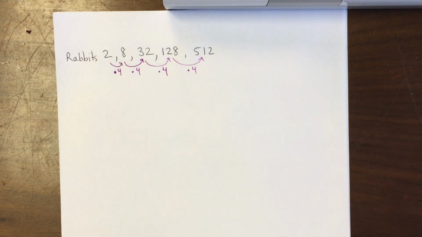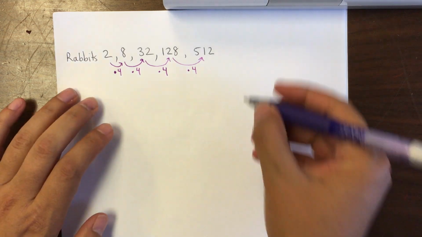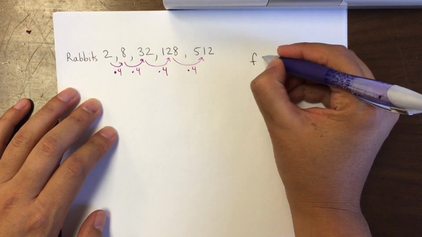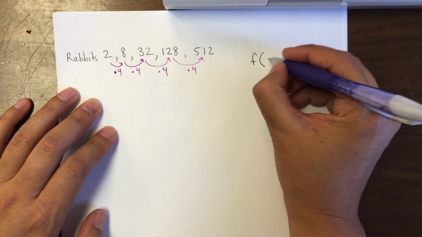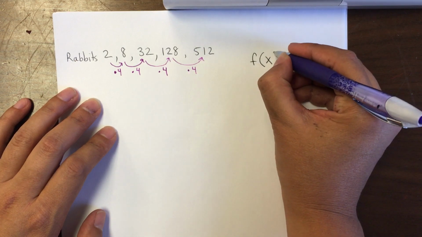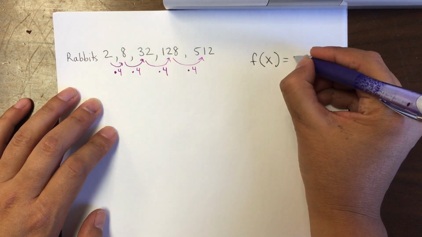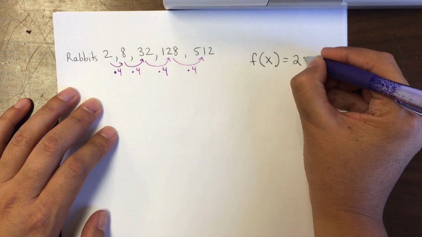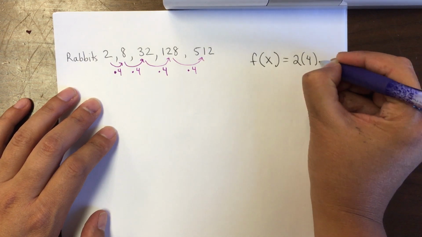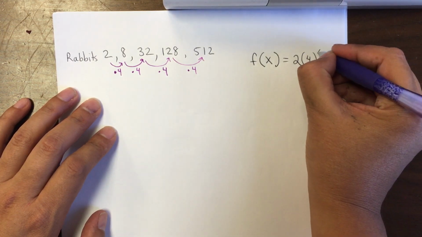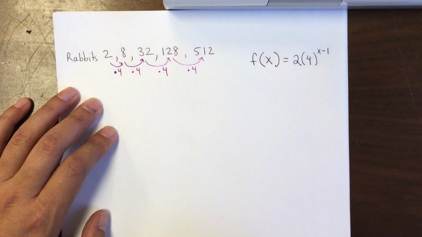Later on, we're going to be finding a function, now that we're working with functions, and the function for this sequence will be f of x is equal to 2 times 4 to the x minus 1.